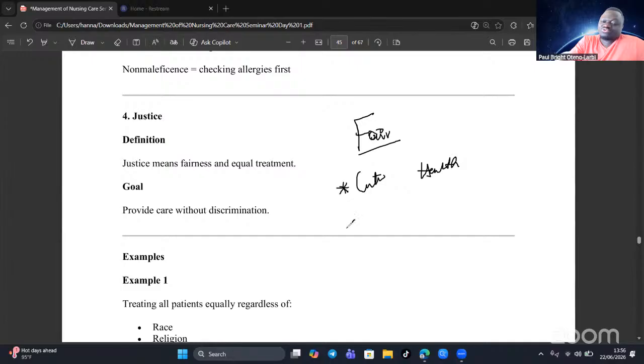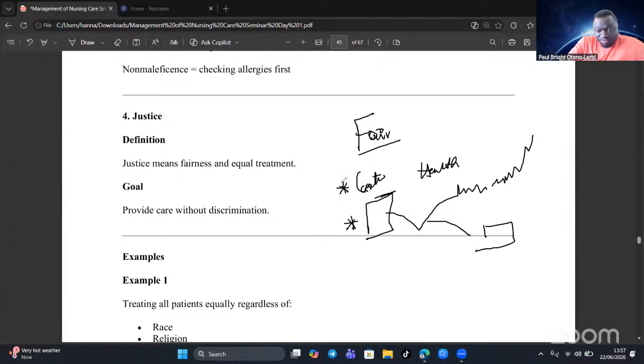Two, those people at the health insurance office, which people are they giving the insurance card to and which people are they not giving? The people they are giving it to, are they paying any bribe or not? That is where the problem comes from.